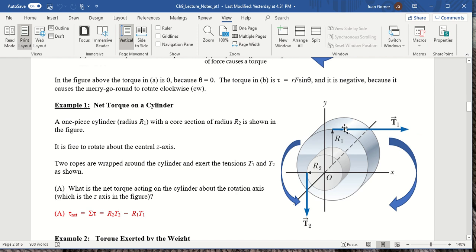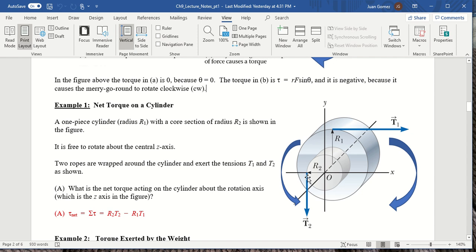R1 is the lever arm. That's the distance from T1 to the rotation axis. Remember, the rotation axis is indicated by this line, the central z-axis. So T1 and R1. And notice, what is the angle between them? 90 degrees.